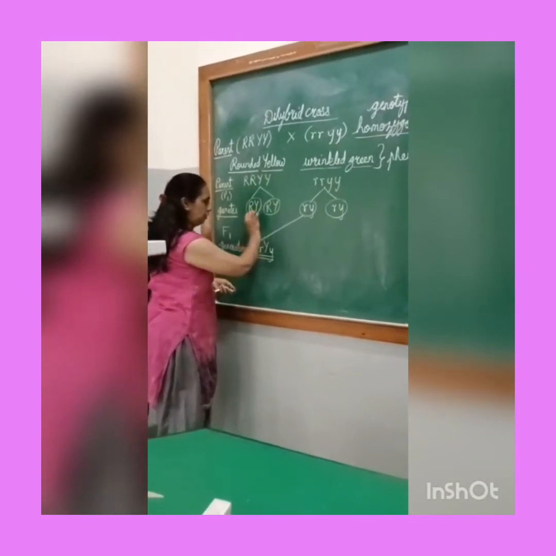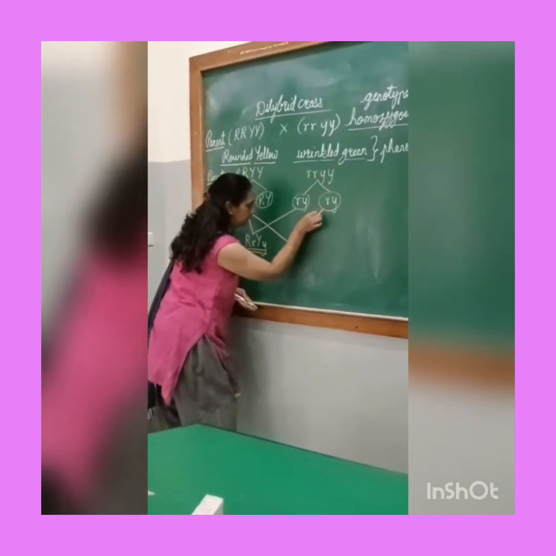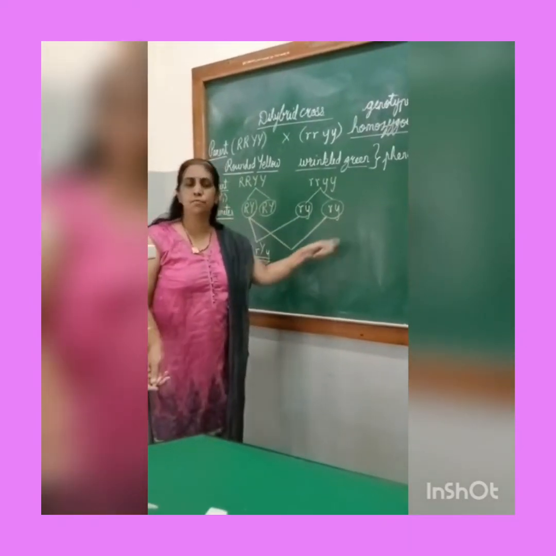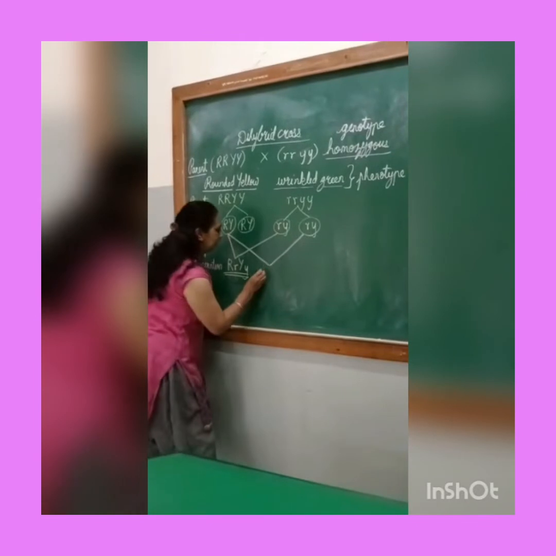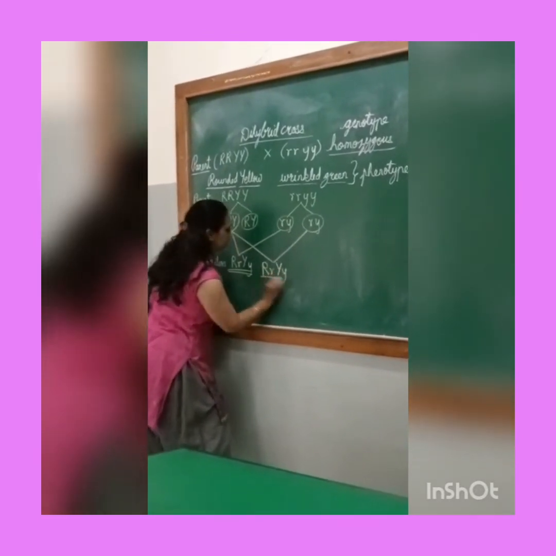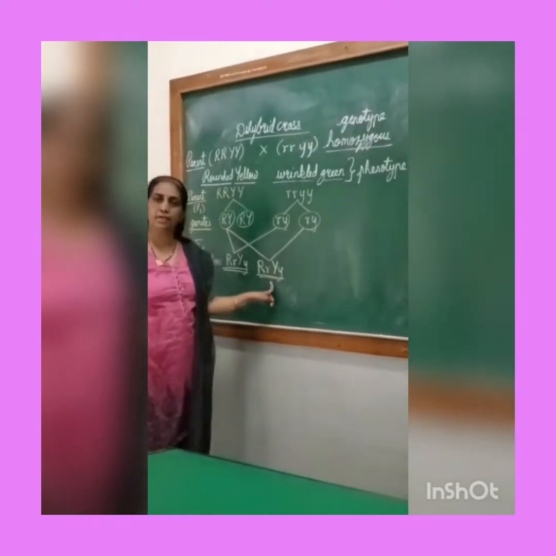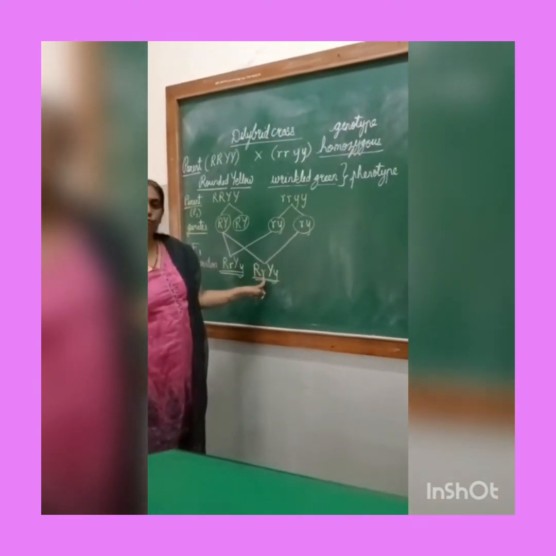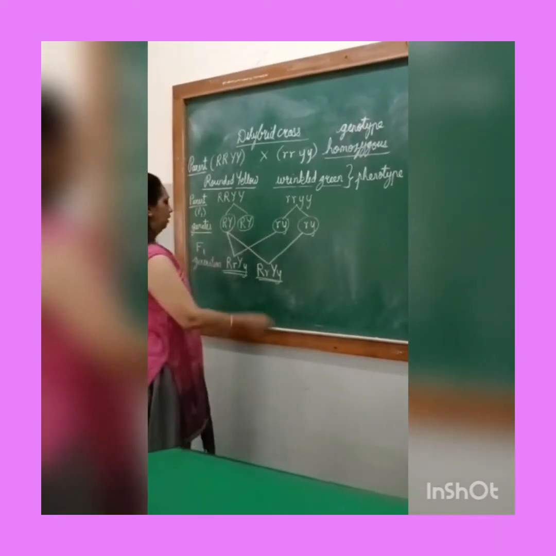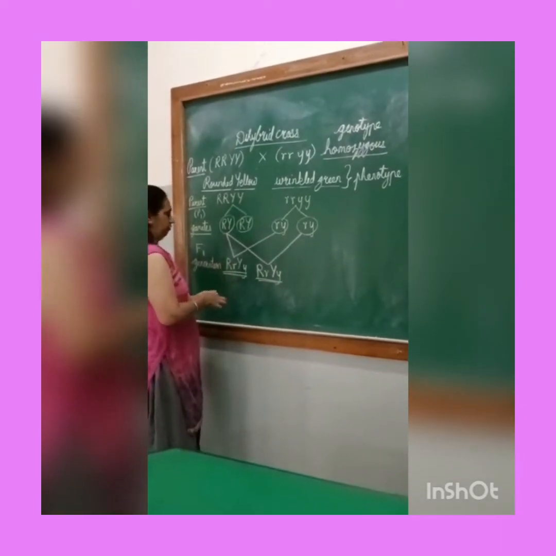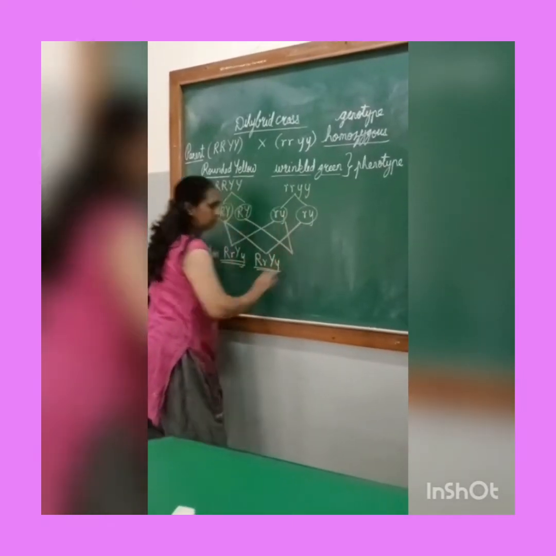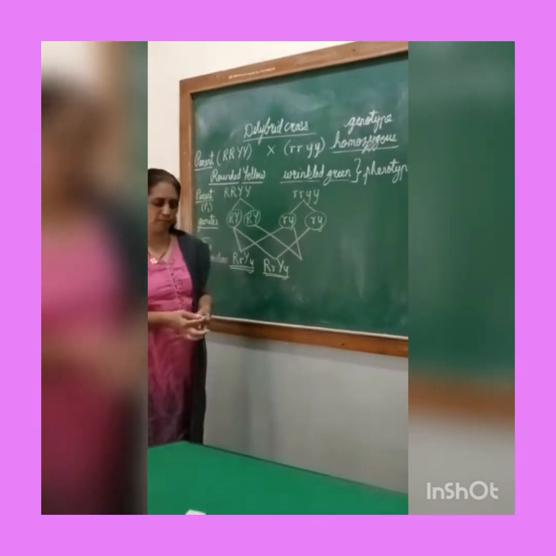Now suppose this pollen grain combines with this ovule. It is possible. So what will happen? We will get the genotype of the same type. Again the same type of genotype is there. Heterozygous, one rounded gene, one wrinkled gene, one yellow gene and one green gene. Okay. Now, in the other way, if this pollen grain fuses with this ovule, still the same outcome will be there.